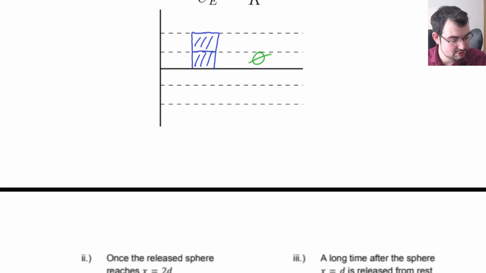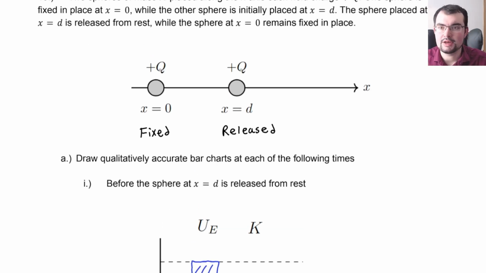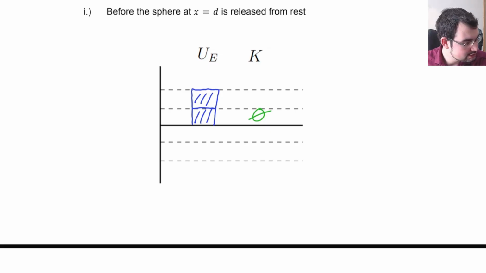All right, what about when the released sphere reaches x equals 2d? We can actually do this quantitatively because we know that electric potential energy for this system is kq squared over r, where r is their center-to-center separation.